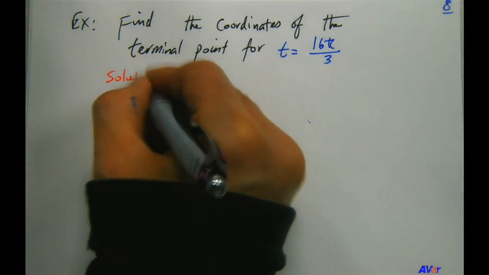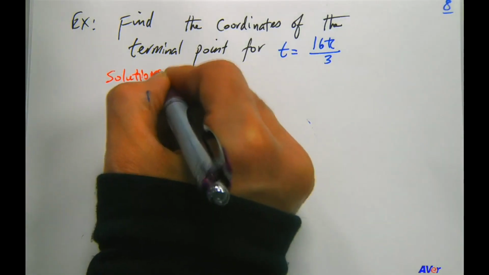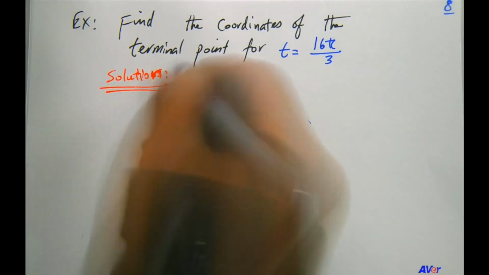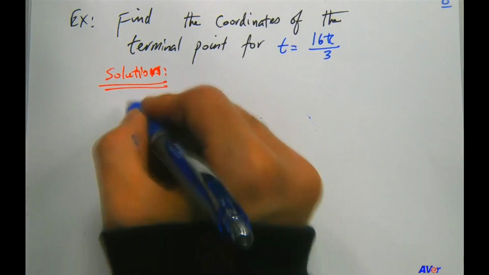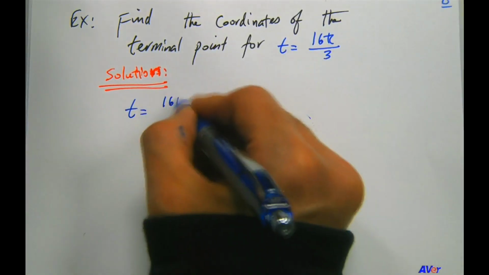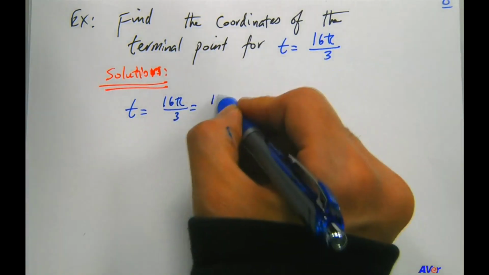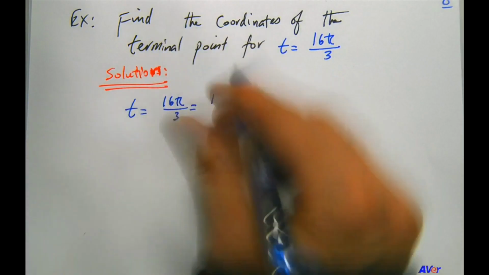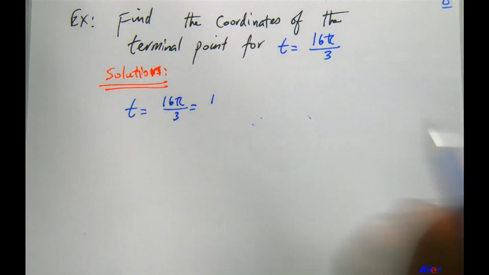I mean, without converting it to degrees, that is. Our solution here: we know that t equals 16 pi over 3. You can rewrite this as a whole number factor of pi plus a fraction.